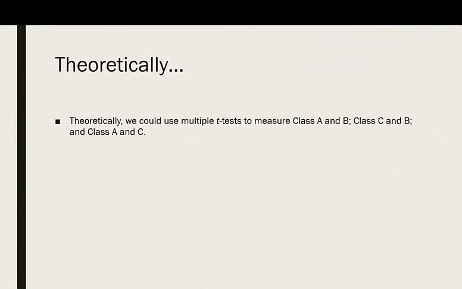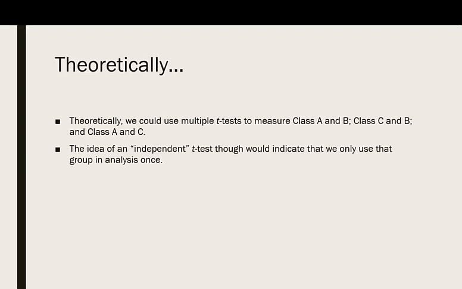So theoretically, if we have 3 groups, we could use multiple t-tests. So we could compare Class A to Class B, Class C to Class B, and then finally Class A to Class C. And so theoretically, we could carry out these multiple tests, but feasibly, we wouldn't want to do that if we had more than just the two groups.